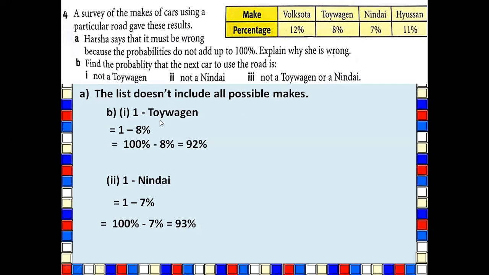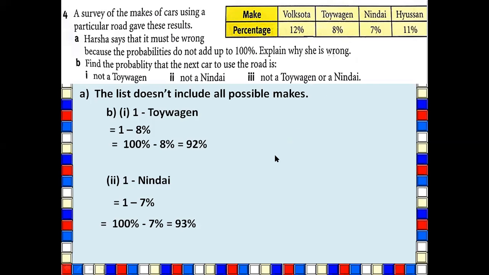First of all, can we add 8 plus 7? Of course, yes, excellent. Toy wagon and Nandai together are 8% and 7%, so it's 15%. That means we will have toy wagon or Nandai.